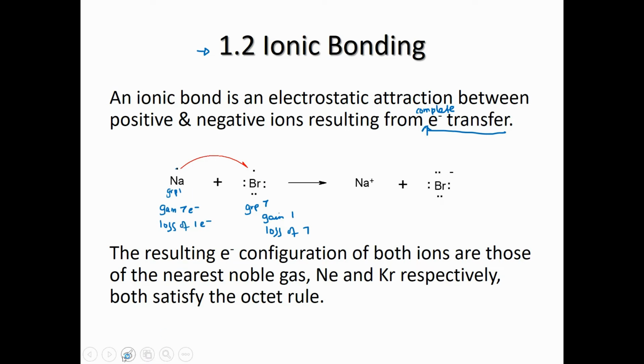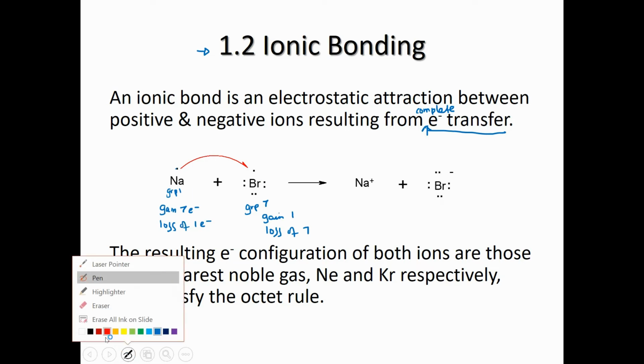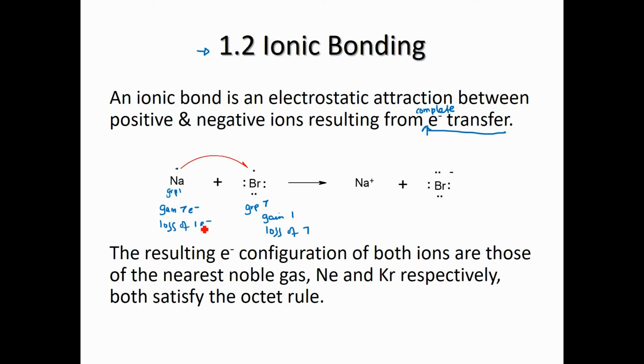So out of the options shown, which one is the best for each of these? It's easier to lose the 1 electron than gain the 7, so sodium will decide to lose. Here, it's easier for bromine to gain 1 than to lose 7, so this is what will happen.